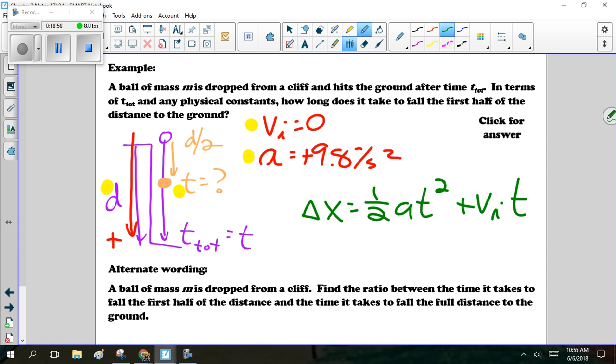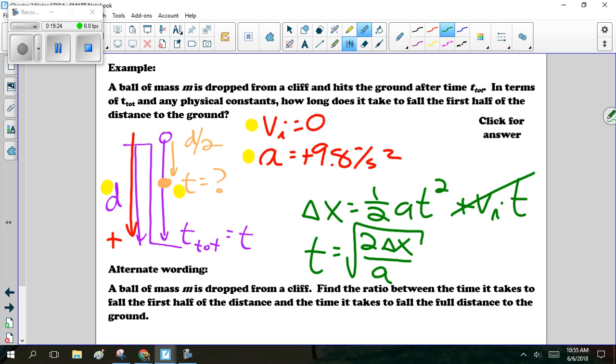And in both scenarios, this term goes away, right? The question is asking us about time. So let's rearrange this using some algebra and solve it for time. I'm going to multiply by 2, divide by a, and take the square root. So t is equal to the square root of 2 times our displacement divided by the acceleration.